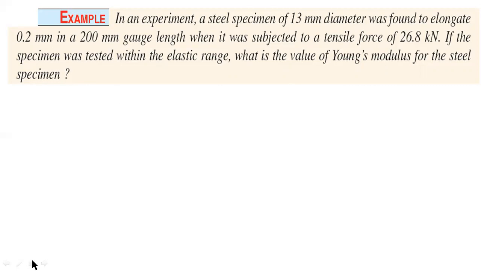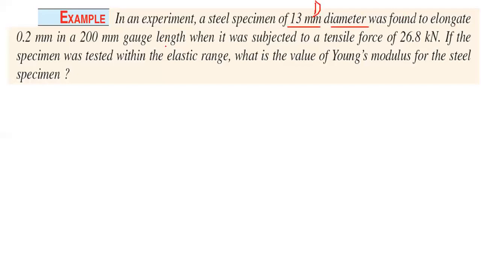Here by using this data you have to find the required values. Here a steel specimen, that is a 13 diameter, that is d. Here diameter d is given, that is d equal 13.